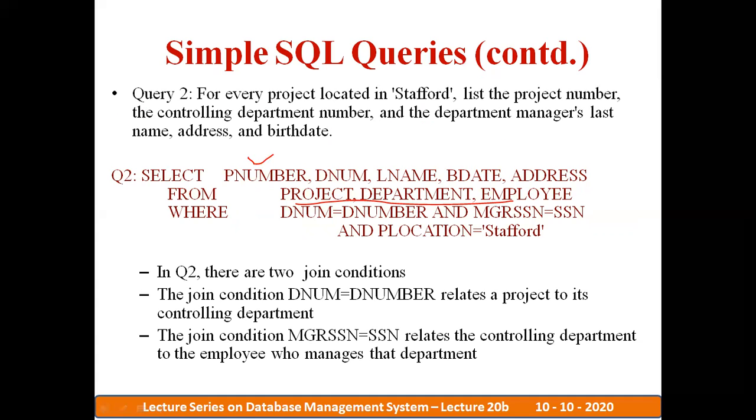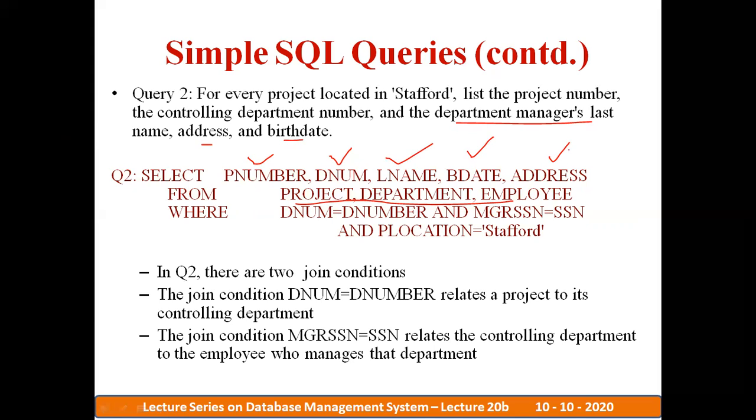And he also says the controlling department number, that means I should display the department number. Then he says the department manager's last name, so that's why I am displaying the last name. Then I also need to display the birth date, I have taken it as birth date, and also I need to display the address. Here I have taken the address. So these are the attributes I am interested to retrieve from the database.